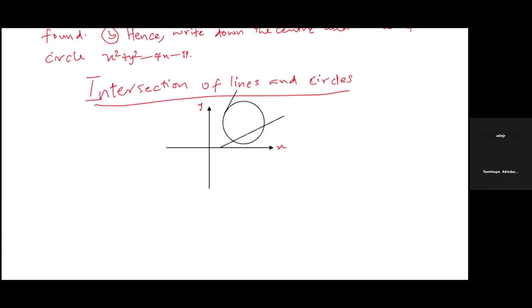So this one meets the circle at 2 distinct points, let's say point A and point B. Then this one at point T, meaning that the line is a tangent to the circle.